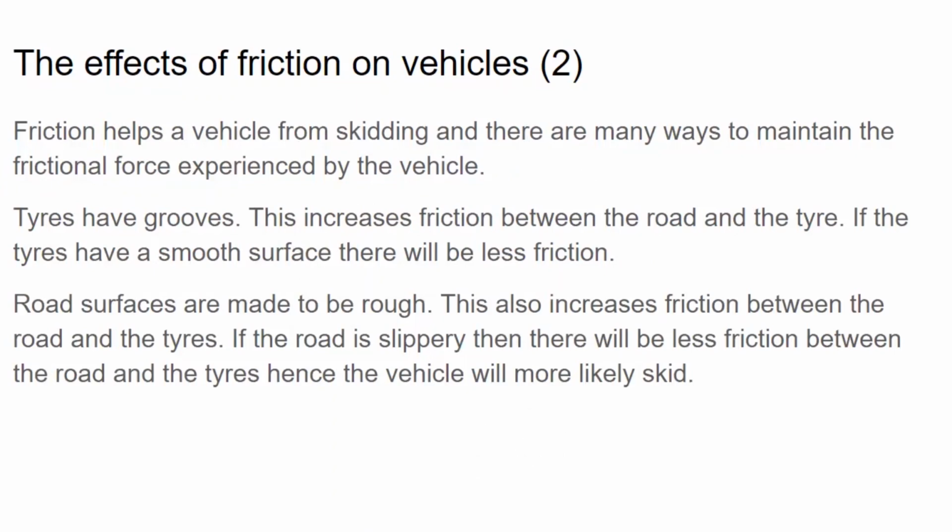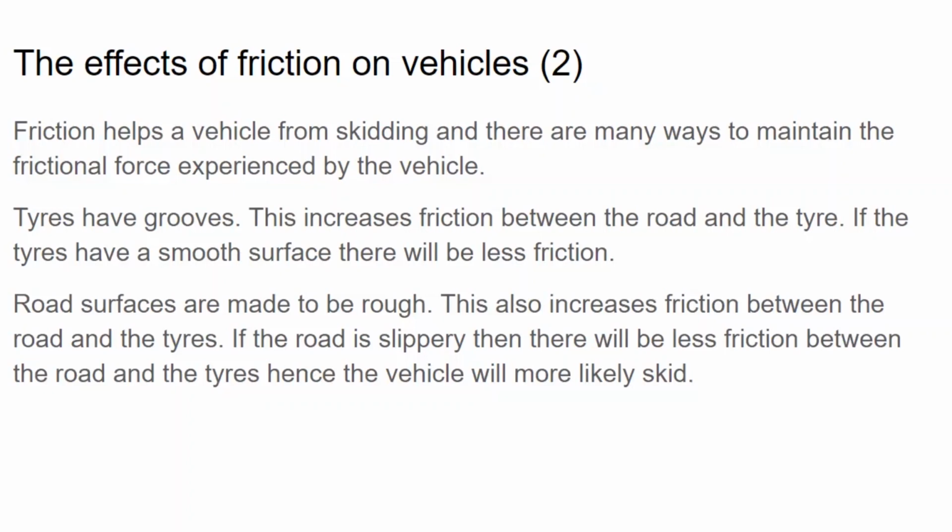Friction helps a vehicle from skidding, and there are many ways to maintain the frictional force experienced by the vehicles. Tires have grooves on their surface, which increases the friction between the road and the tire. If the tire was smooth, then there would be less friction, which would increase the chances of skidding. Even road surfaces are made to be rough.